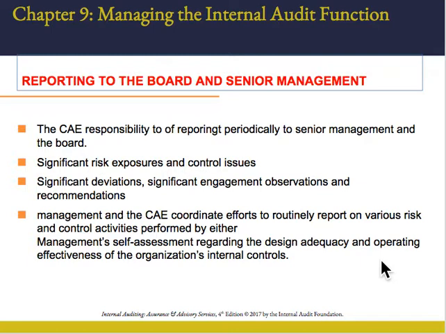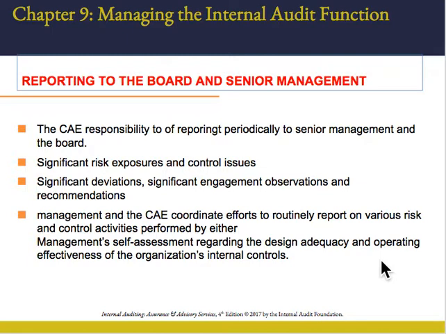Additionally, the management of the organization and the chief audit executive need to coordinate their efforts so they routinely report on various risk and control activities provided by either the management or the chief audit executive, in accordance with the roles and responsibilities set by the board or the audit committee.